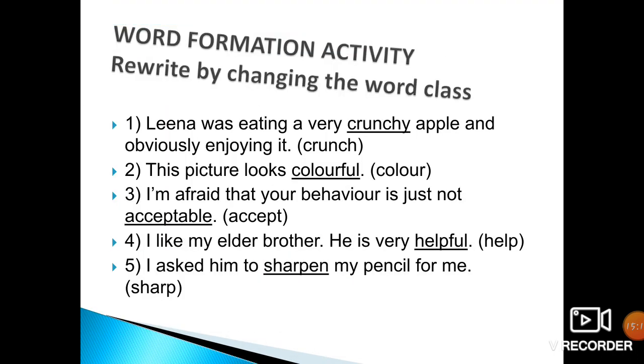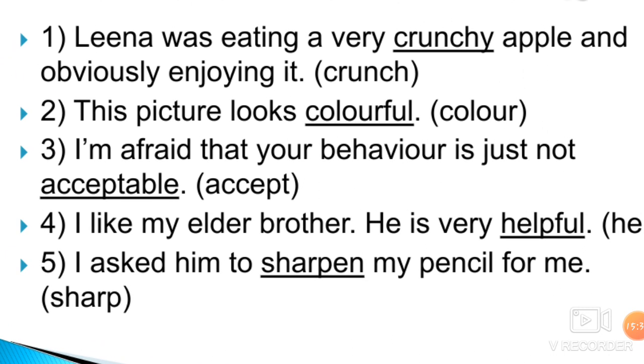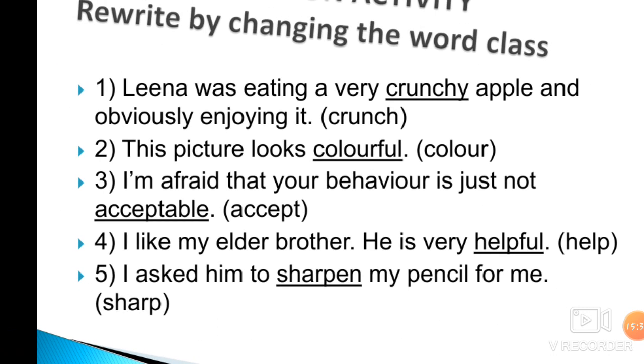It is a word formation activity showing you, rewrite by changing the word class. This activity is again in our English textbook on page number 22. What is there? See, the examples are shown to you, and in the bracket the word form is given to you. We are changing the word form and using the required word form in the given sentence.